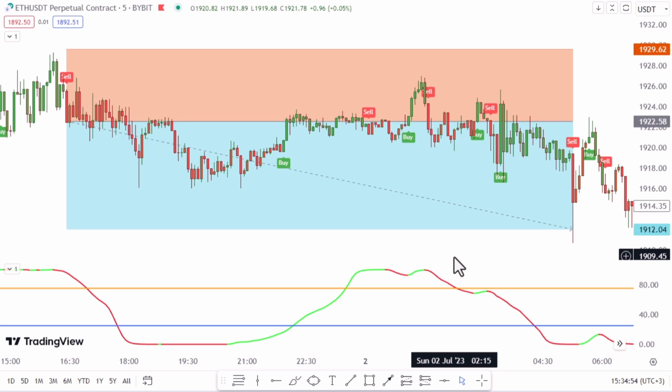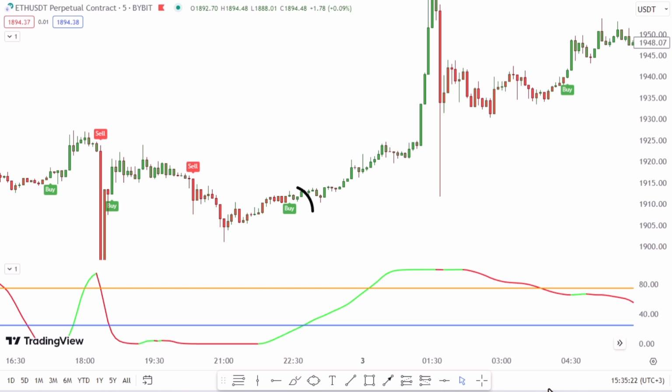Okay, let me give you some more examples so you have a better understanding. So let's first start with this buy signal here. We see the STC indicator confirms this signal, and this trade could easily have triggered a take profit target.